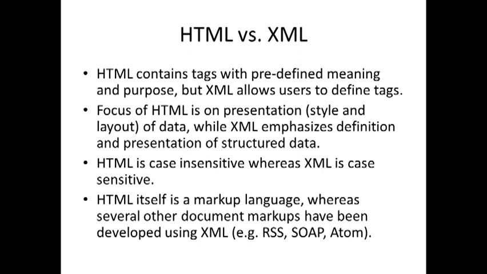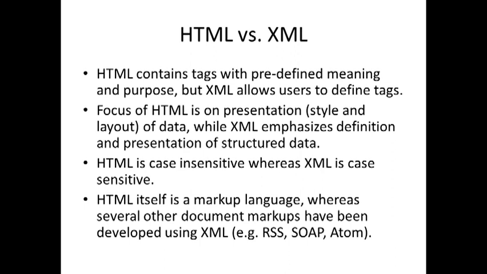HTML contains tags with predefined meaning and purpose, which means to say that HTML is a rigid markup language with a predefined list of tags, whereas XML allows users to define their own tags.